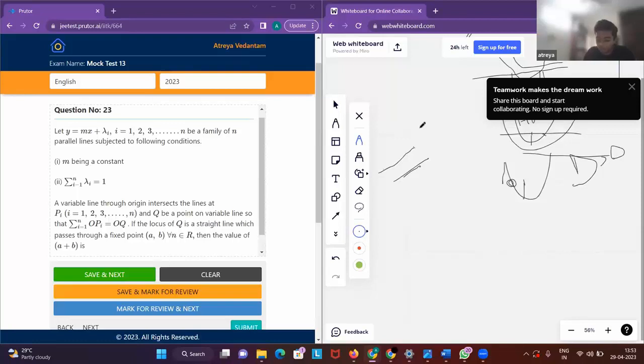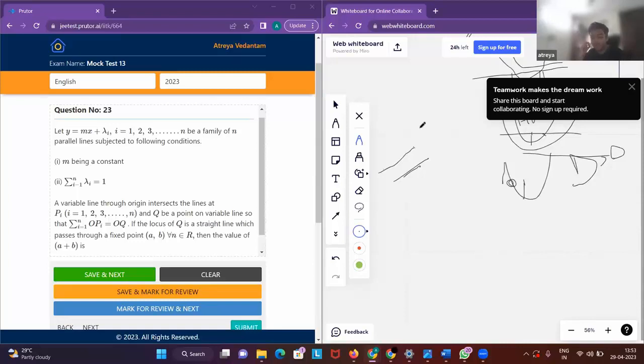That's what this is saying, right? However, we know that if n is tan theta, we want to find it in terms of Cartesian. So in Cartesian, OQ cos theta will be 1 by n minus m. So its general point will be 1 by n minus m, comma n by n minus m. That will be the general point.